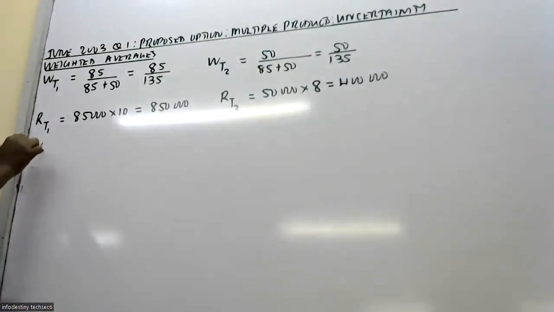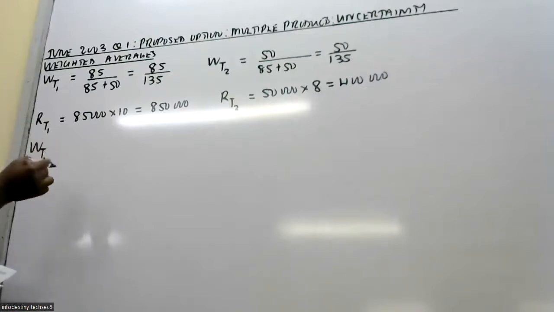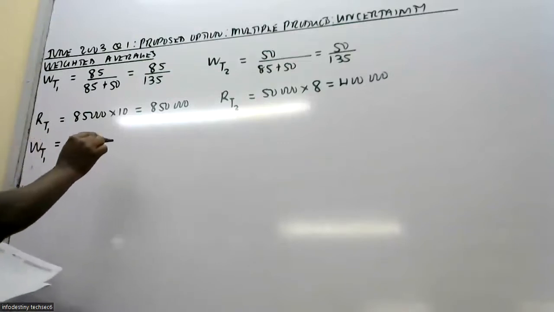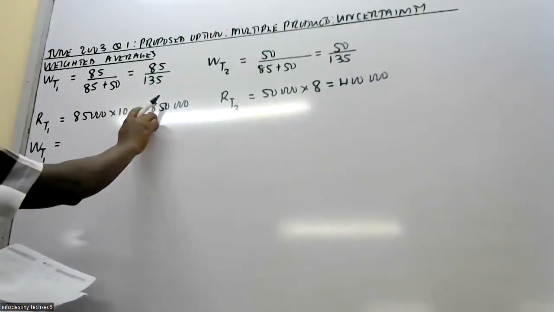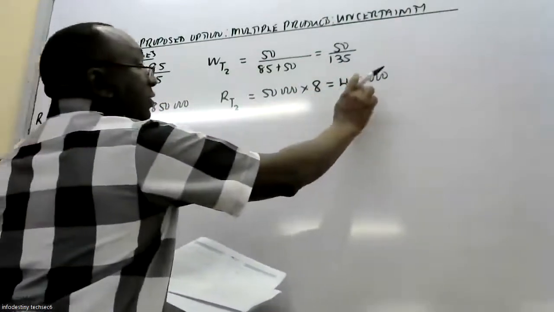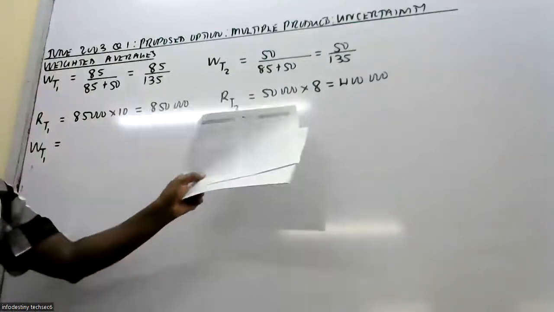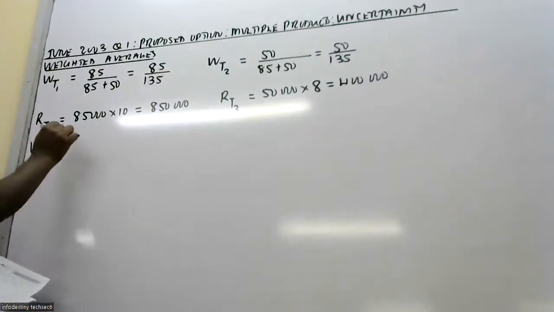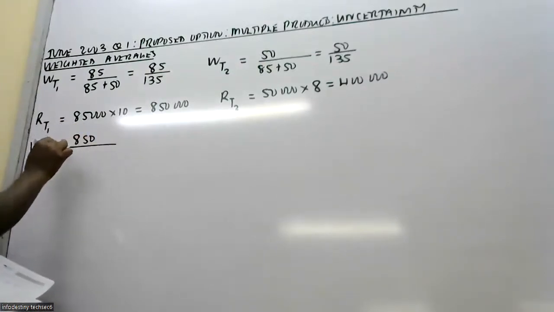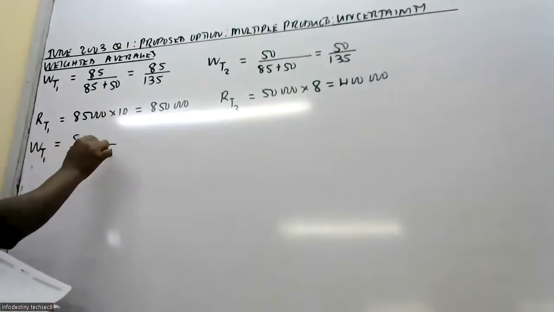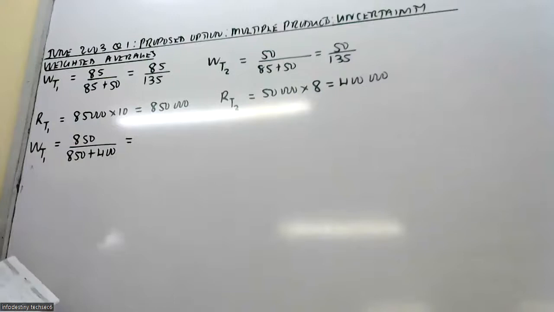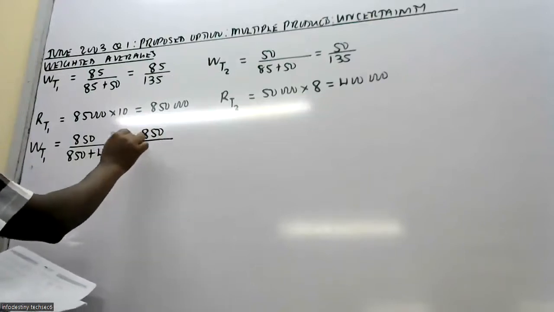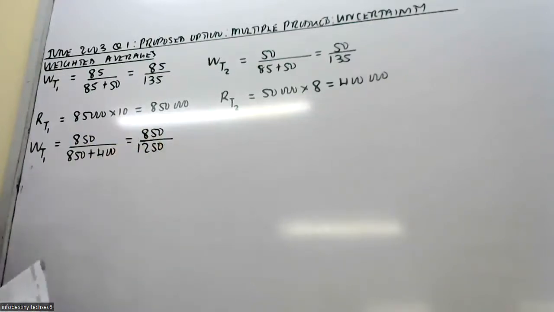Therefore, the weight of T1, now in shillings, if we drop the 4 zeros, keeping the 85 and the 40, it is 850 out of 850 plus 400. So the weight of T1 in shillings will be 850 out of 1250.